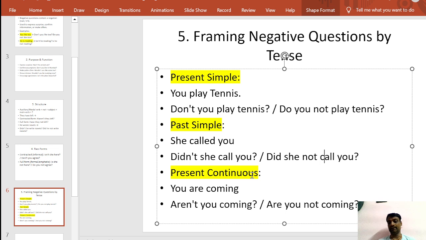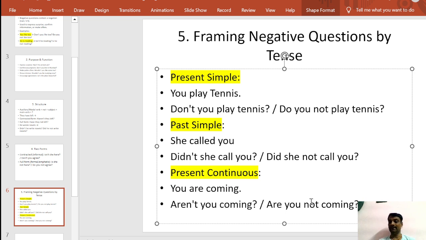Like that. And if the sentence is in present continuous, for example, You are coming. Next, are is the helping verb here. We can use Aren't you coming? and Are you not coming?